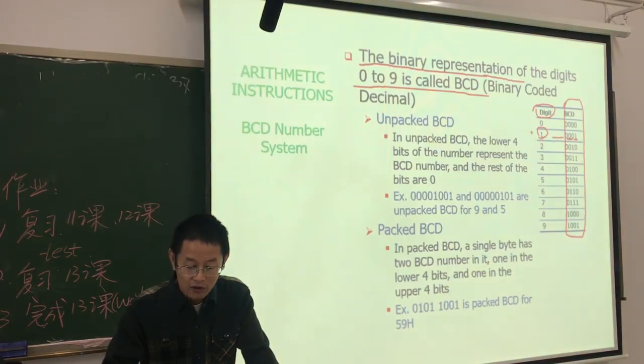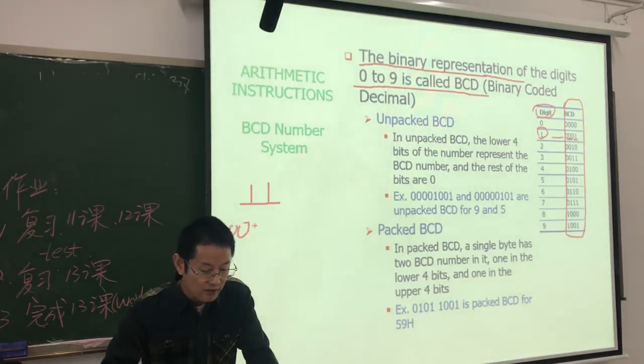If you have a number 11, in BCD it is 0001 0001.